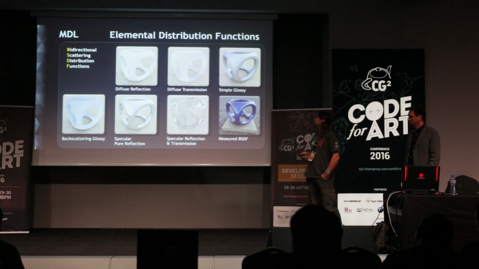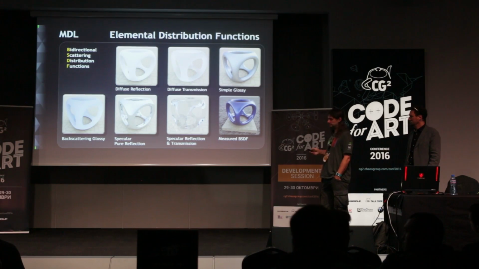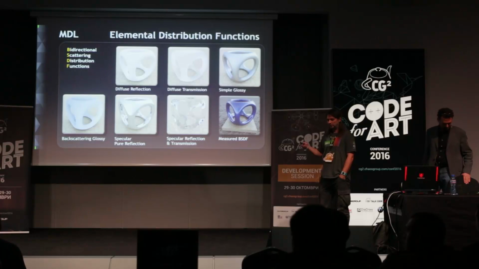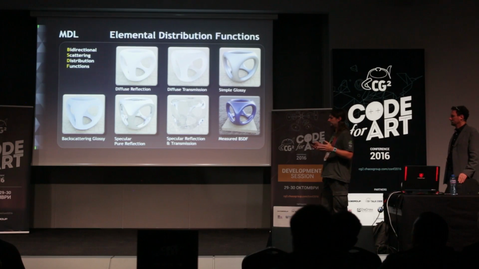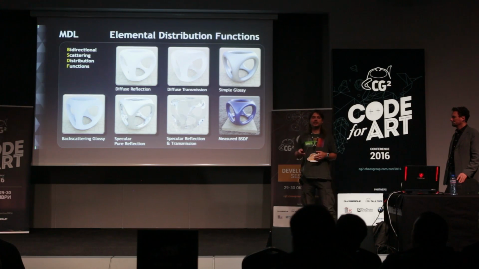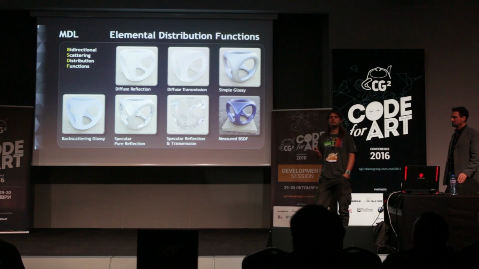What we did to enable this is that first we moved to a declarative approach, and for the declarations we devised a large vocabulary of basic functionalities that could be combined in the material model.